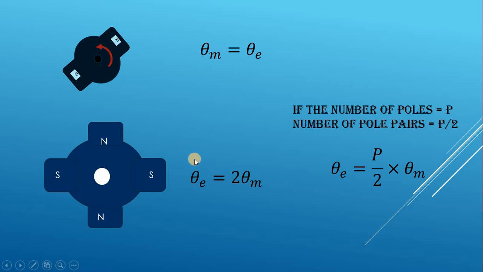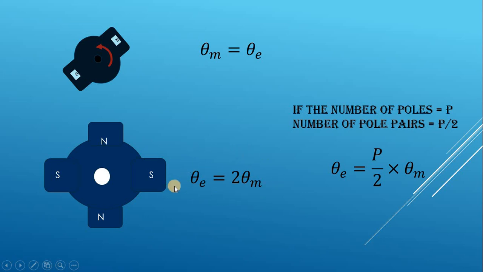That means in the waveform 720 degree is generated, but in mechanical rotation only 360 degree, one full rotation. So when theta m equal to 360 degree, theta e equal to 720 degree. So we can write theta e equal to 2 into theta m.